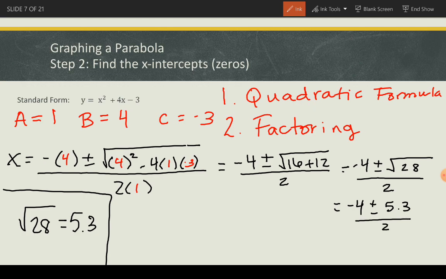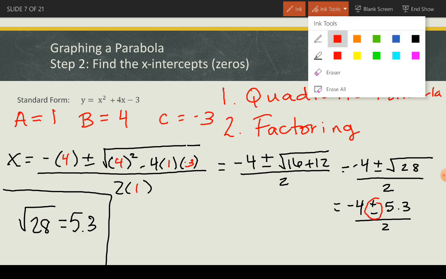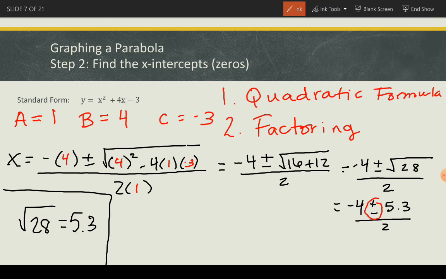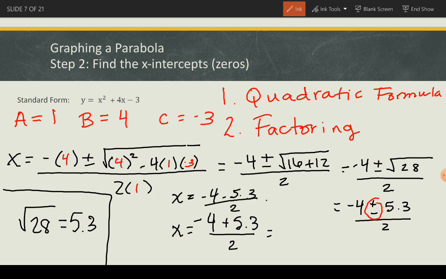Okay, so this plus or minus symbol tells me that I have to create two equations to find my zeros. So the first one is going to be with the plus sign. So -4 plus 5.3 divided by 2. That's going to give us one value of x. And then our second value of x is going to come from -4 minus 5.3 divided by 2.